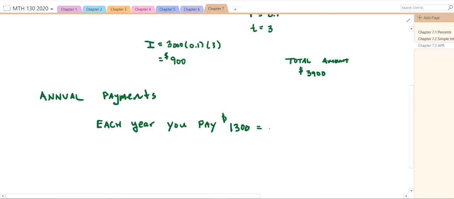Which means you have 1,000 plus 300, where the 300 is the interest you're paying each year. And this is the payment on the principal.